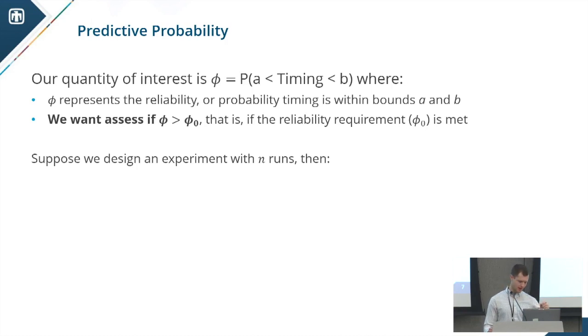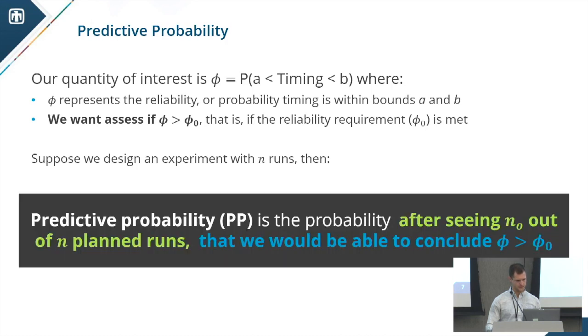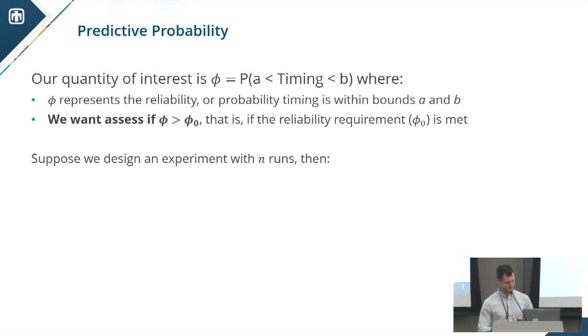Of course there's an actual system requirement that says this probability is going to have to be at least some value that I'll denote as phi naught. So we want to check, is our quantity of interest phi greater than phi naught?